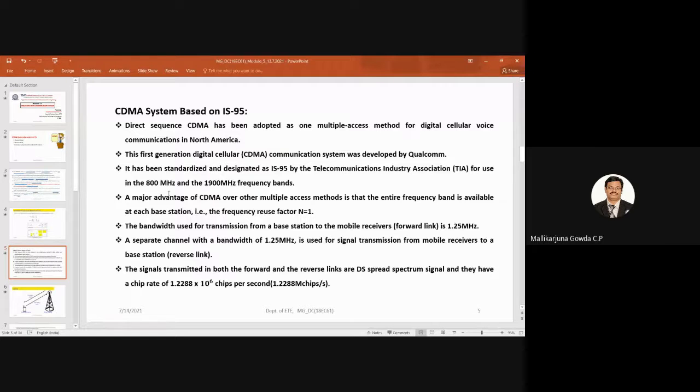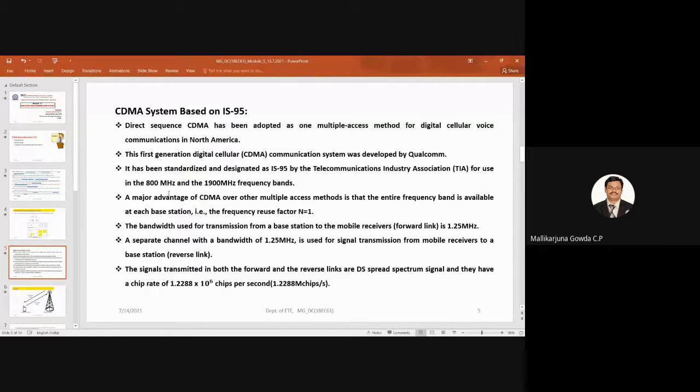In TDMA, all can use the same frequency, but at different times. But in CDMA, the entire 10 megahertz can be used by everybody, and each user is differentiated by a unique code known as the pseudo noise code.